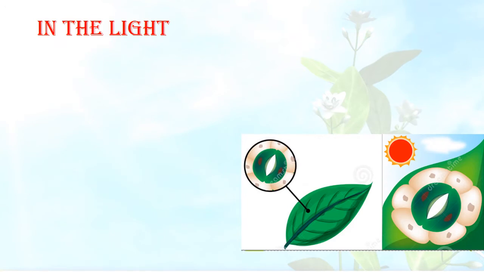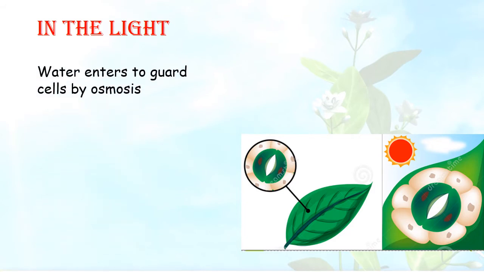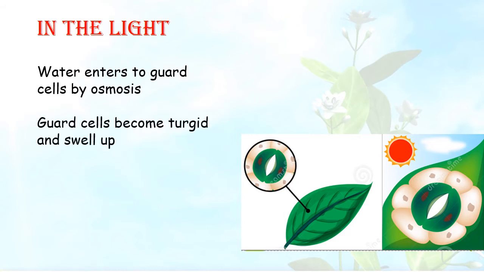What happens to the stomatal pore in the light? In the light, water enters the guard cells by osmosis because they need to undergo photosynthesis. So water is a raw material. Then guard cells become turgid.